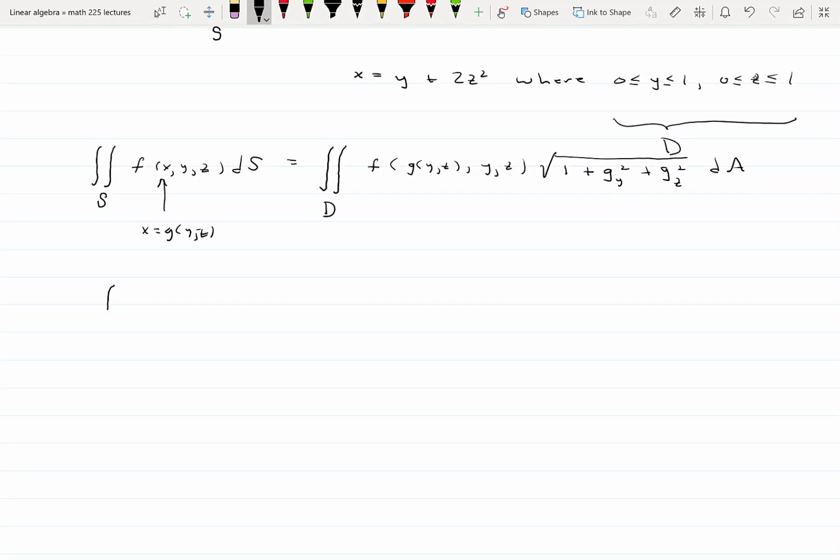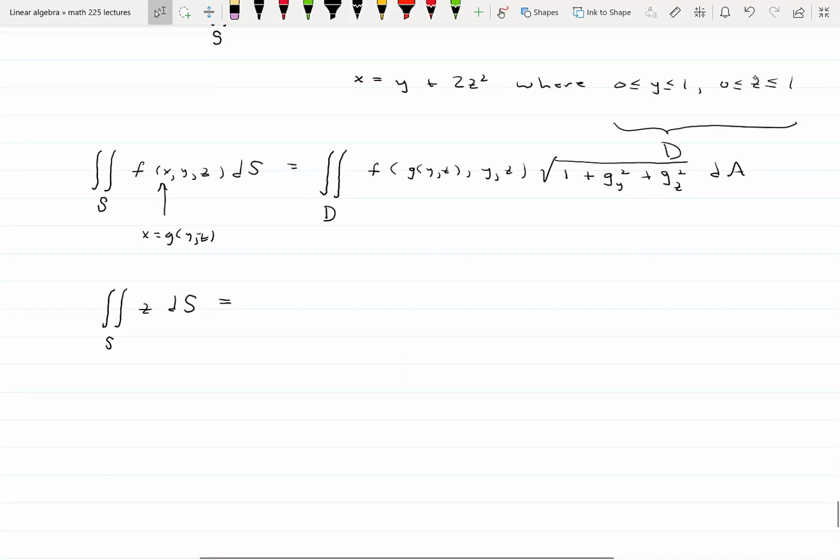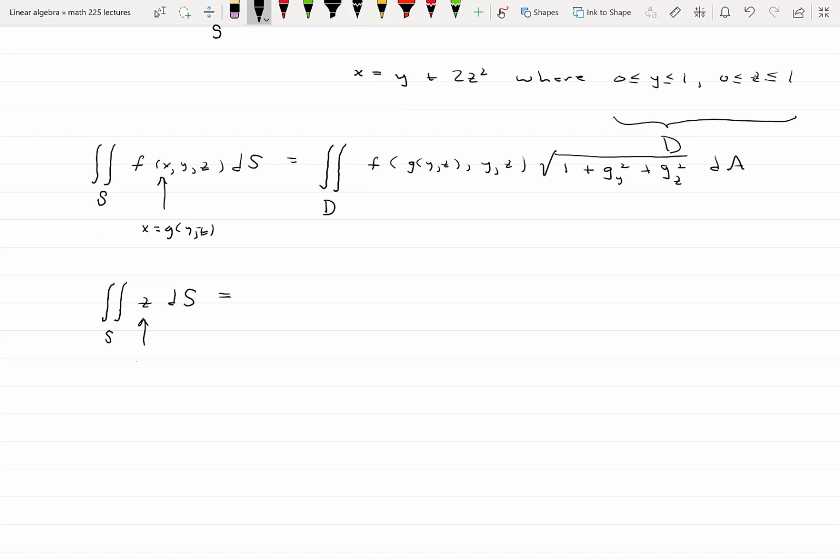Okay, if that's not clear, let's just do it. Our integral now is z dS. Well, x is a function of y and z, x equals g of y and z. If we're stuffing that into the place of x, it doesn't change anything.